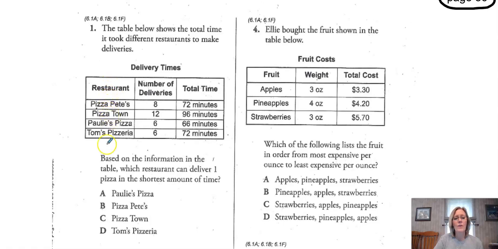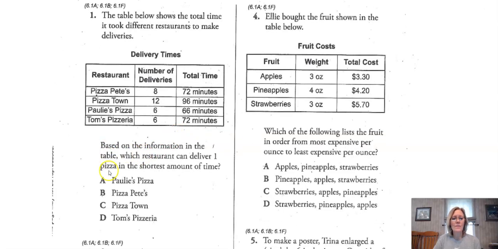We have our restaurants, they're all pizza restaurants, the number of deliveries they made, and the amount of time it took to make that many deliveries. For instance, Pizza Pete's made 8 deliveries in a total time of 72 minutes, and so on through the rest of the information. Based on the information in the table, which restaurant can deliver 1 pizza in the shortest amount of time?